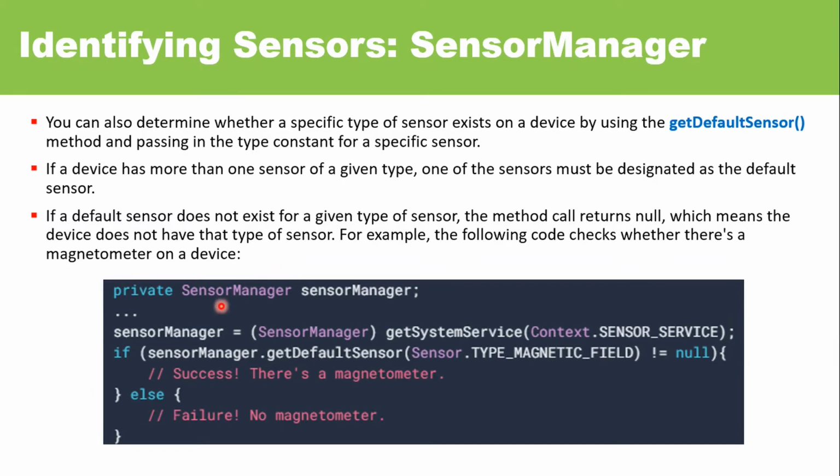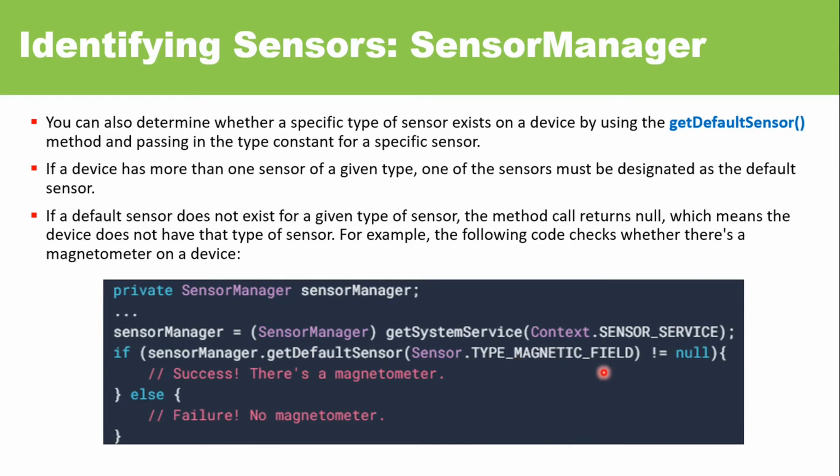Since we have to get an instance of the SensorManager class, we do this by calling getSystemService as I have shown before. Now you will use this SensorManager instance and call the getDefaultSensor method, passing in the specific type of sensor that you want to fetch from your device.